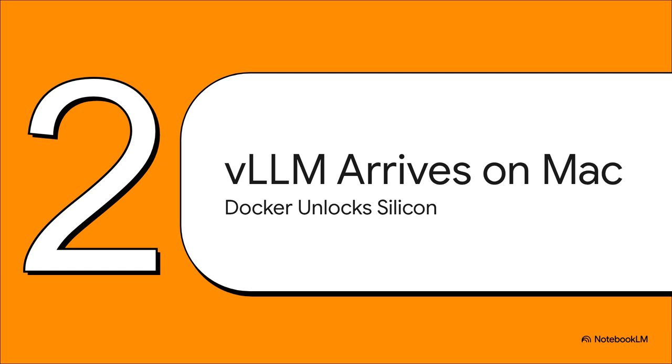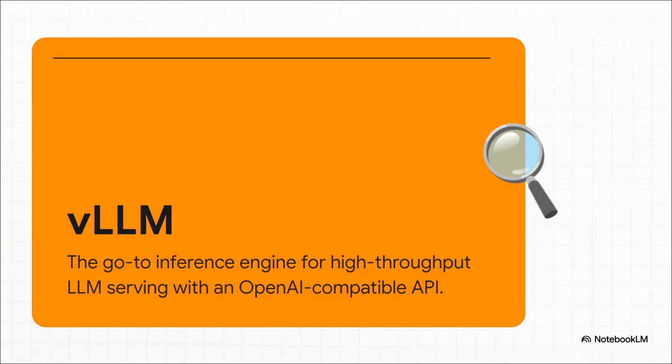I mean, this isn't just a small update. This completely changes the game for anyone doing AI development on a Mac. Okay, so why is this such a big deal? What even is vllm? Well, think of it as the go-to engine for running language models fast. But the real magic, the reason it's the industry standard, is its OpenAI-compatible API.